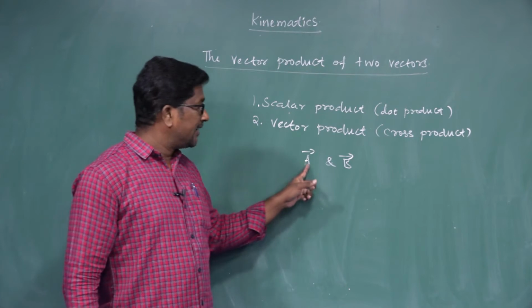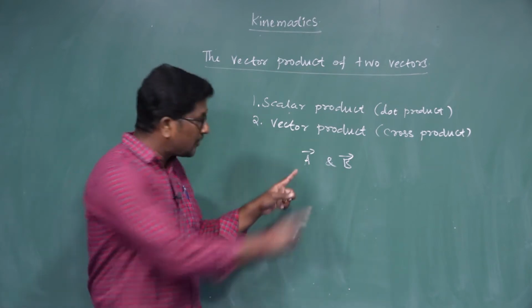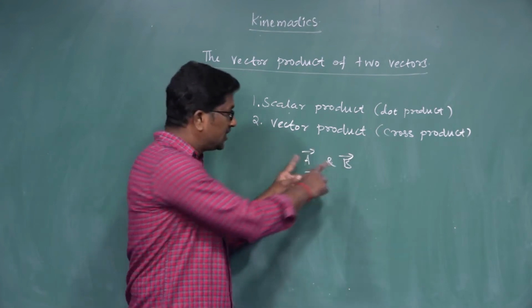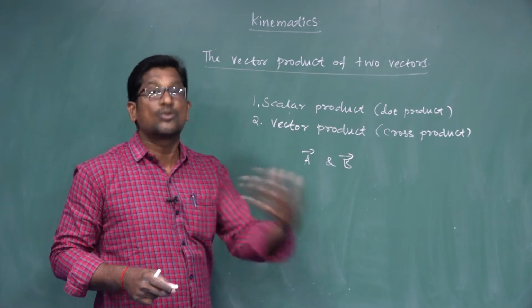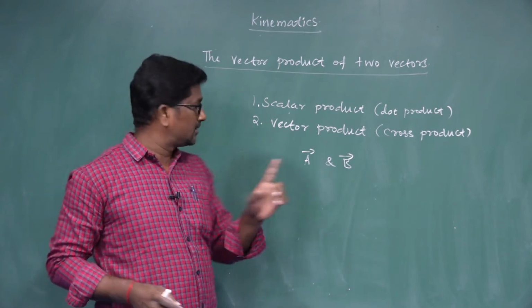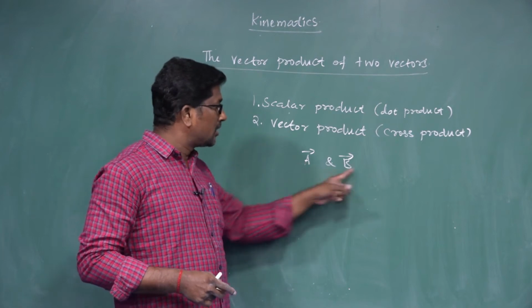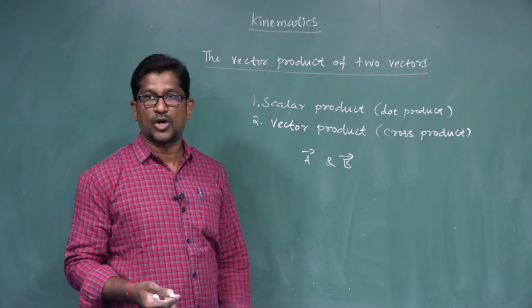The product of these two vectors gives a quantity that has only magnitude, so this type of product is scalar product or dot product.